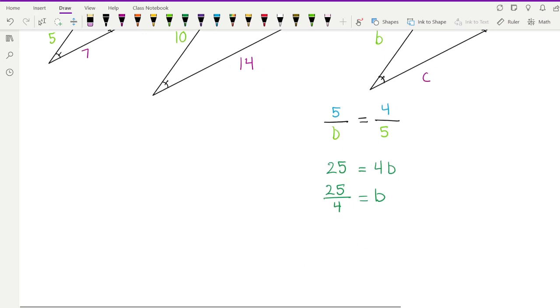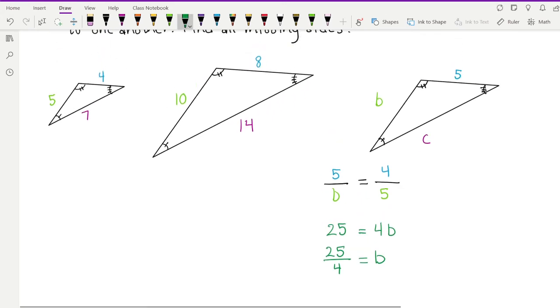You might also want to write it as a mixed number, so you might think, maybe I should write this as 6 and 1/4. Mixed numbers are actually kind of confusing. They just don't interact very well with other numbers. Calculators don't really know how to handle them. So in general, leave your answer as an improper fraction. So yeah, we just found that B is equal to 25 over 4.